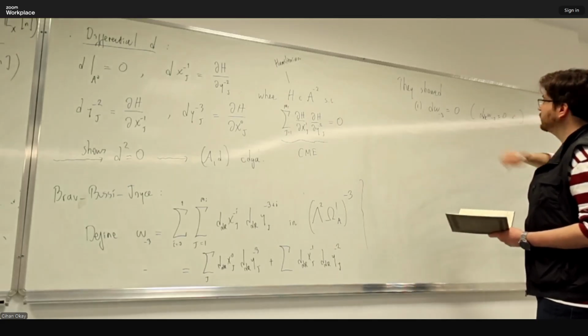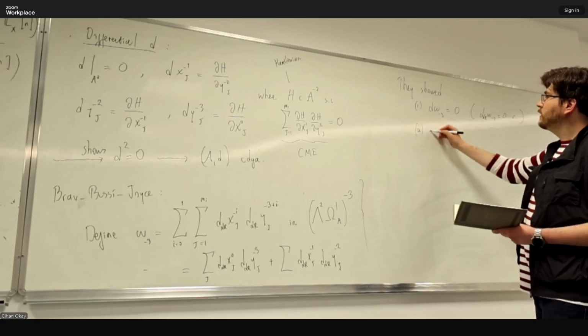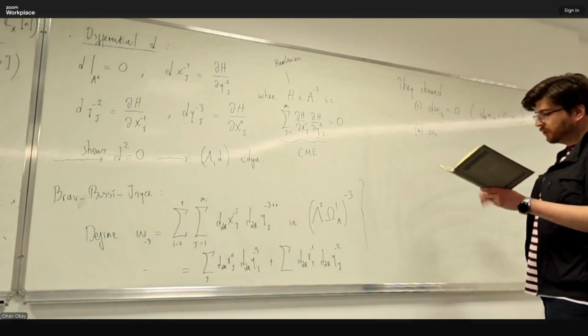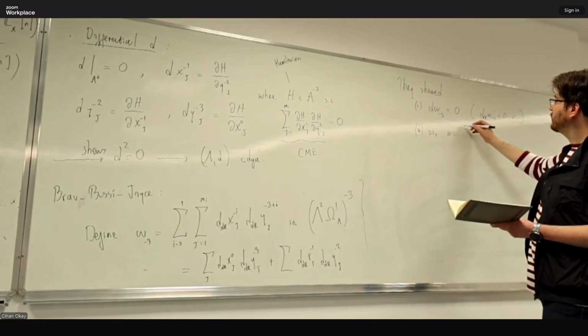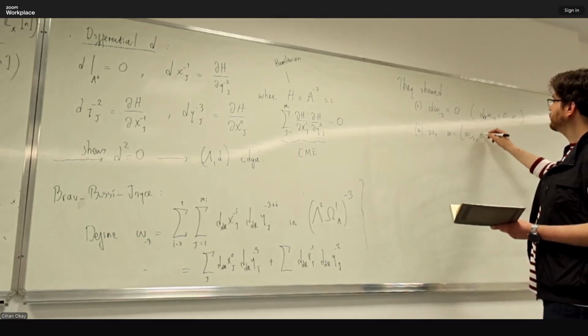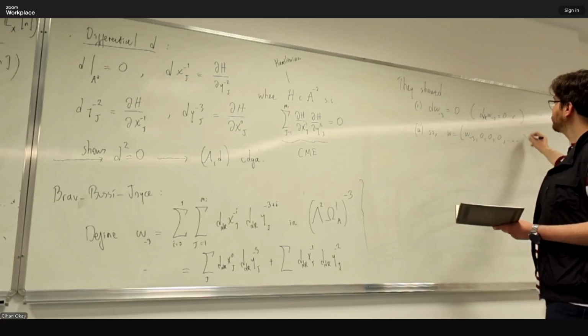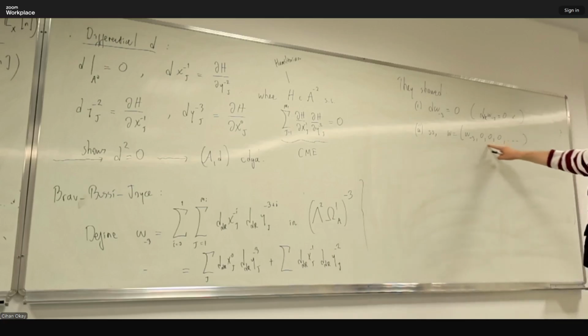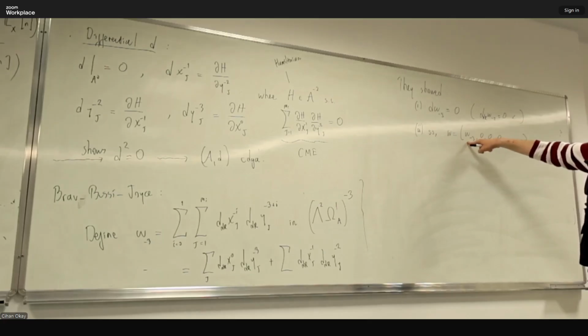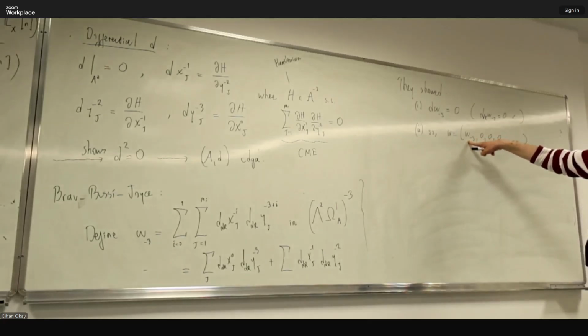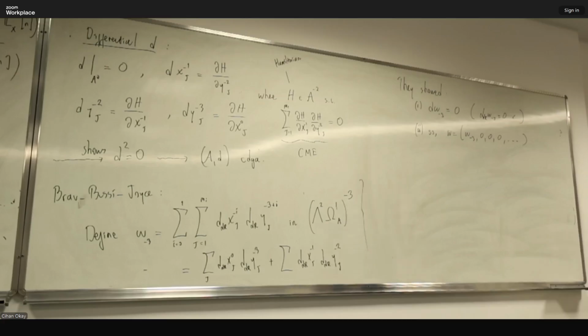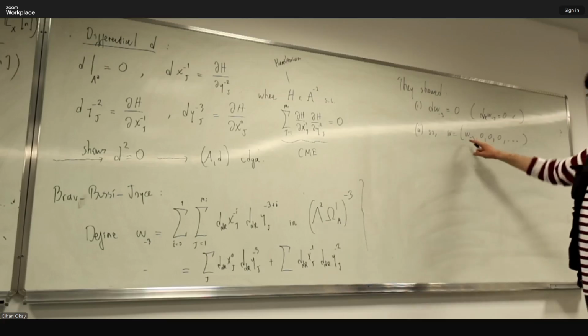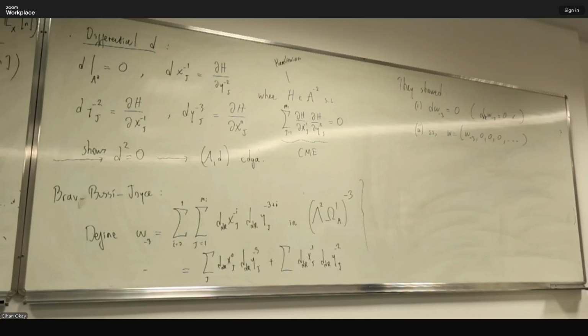There's no problem here. And secondly, they also show that the element written like this, okay, all others are just 0, and you only have an honest minus 3 form here.